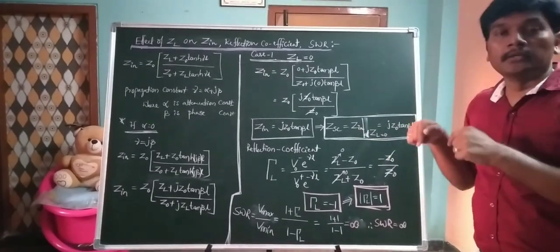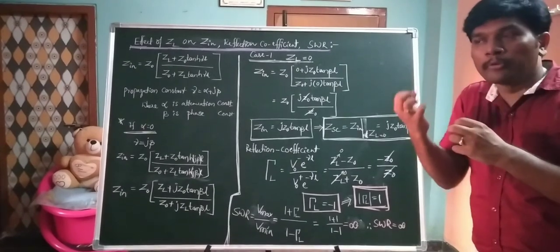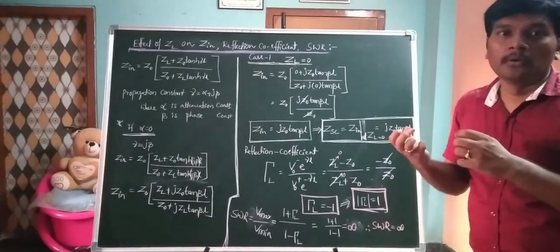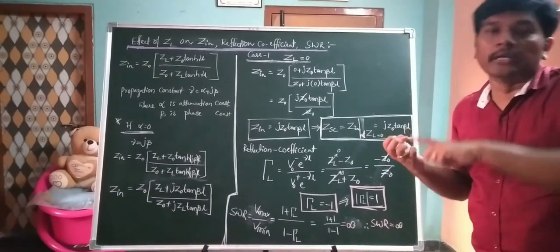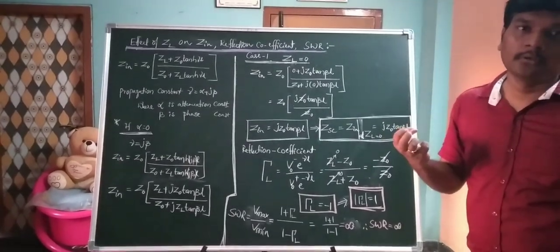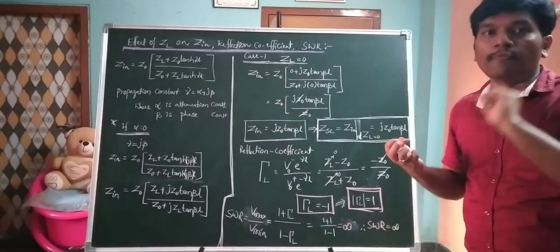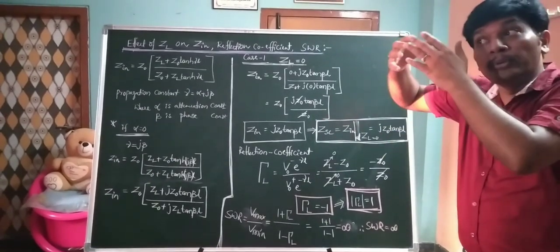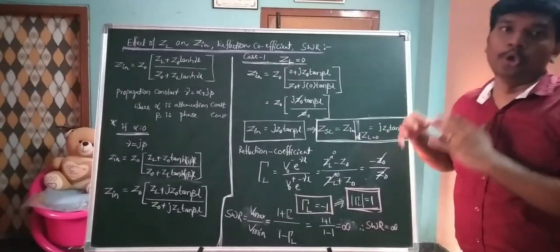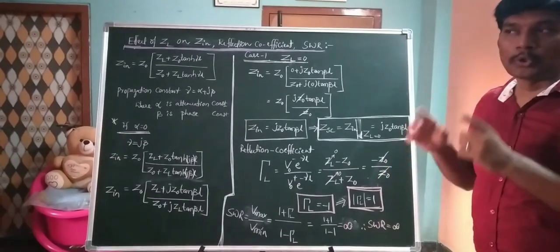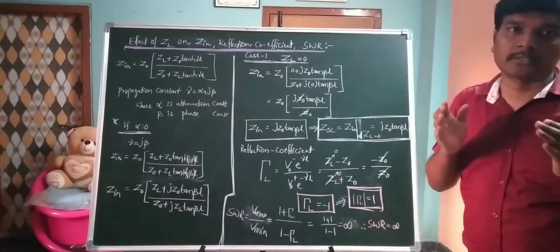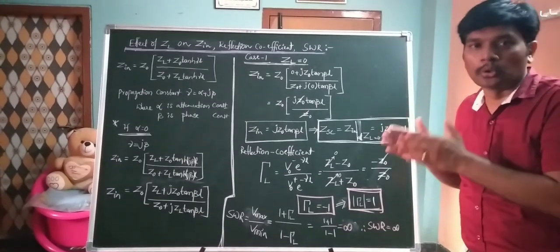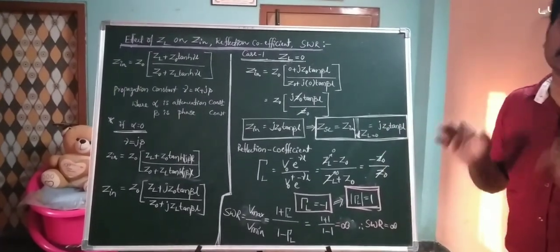So what is the current? The current absorbed by the load is maximum. So energy in the form of voltage is completely returned back to the generator, and the energy in the form of current is completely drawn by the load, right? So that means exact mismatching takes place when ZL is selected as 0. Why?